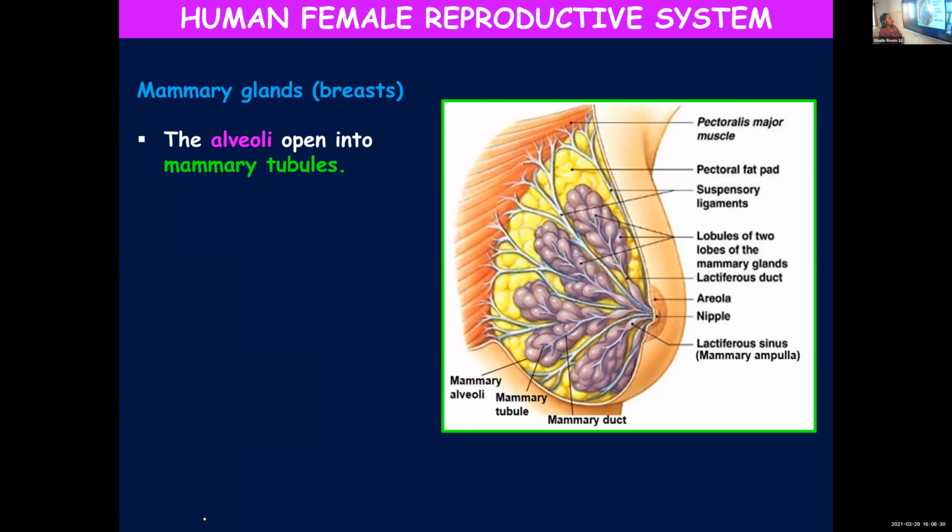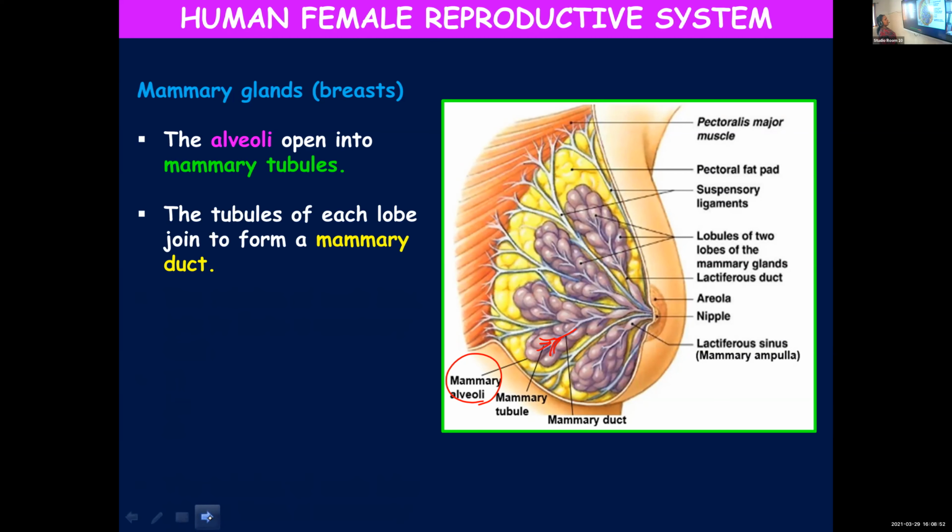And these alveoli open into mammary tubules. See the figure? Mammary alveoli, and that is leading into some tubules. So mammary alveoli open into mammary tubules, and the tubules of each lobe will join together and form a mammary duct.